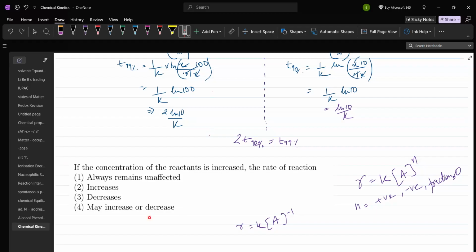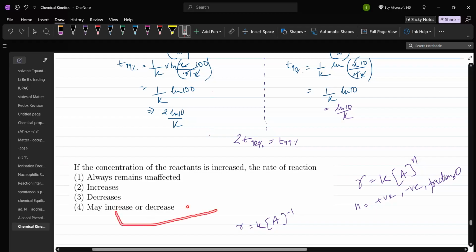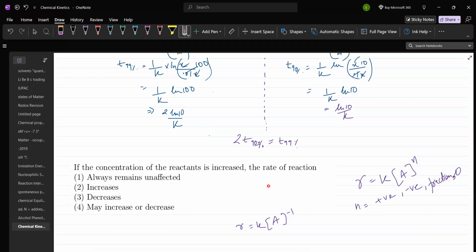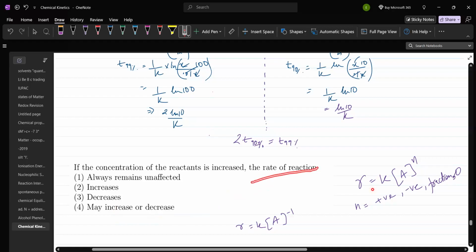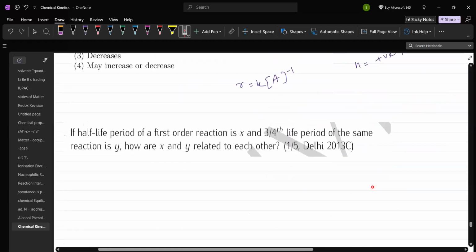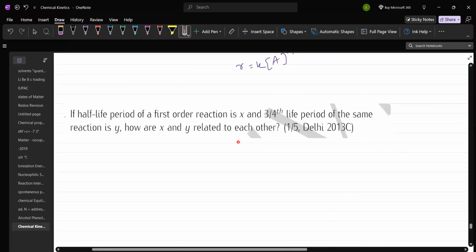When you have done this question, whenever it comes in your exam or any test, yes or no? Yes, sir. That is why homework is very important. This was also one of the homework questions in your last class. So please try to solve this.